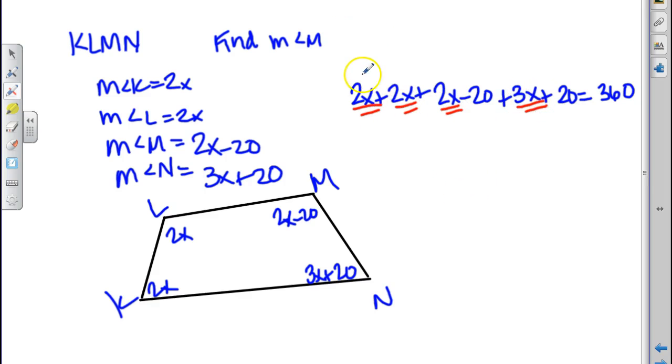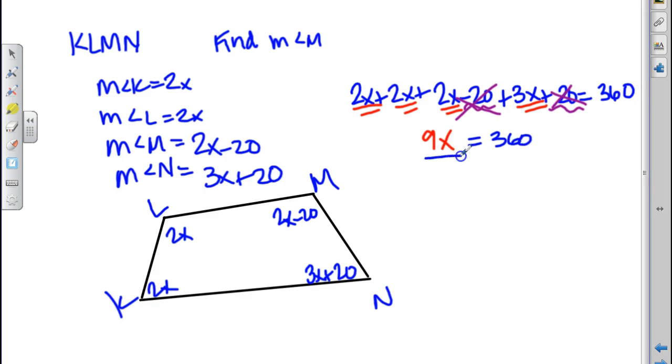Add all of your x's together. 2 and 2 and 2 is 6, and 3 is 9. So 9x, now let's put all of our numbers together. A minus 20 and a plus 20, that's convenient. That's just a big fat 0, isn't it? Same side, we're just combining like terms. So now equals 360.